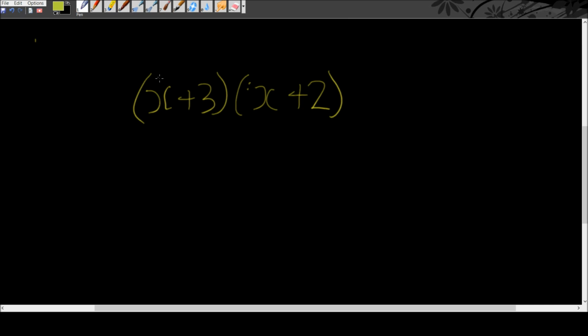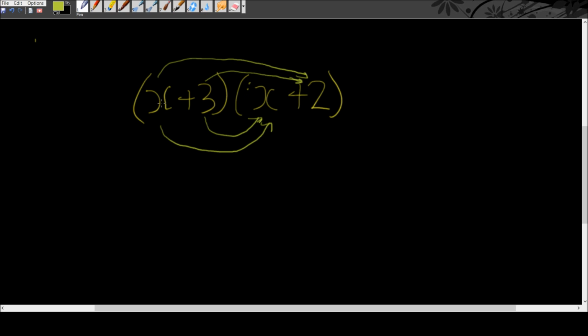So we're going to multiply this x by 2. I'm also going to multiply the x by the x. I'm also going to multiply the 3 by the x, and also the 3 by the 2, the positive 2.